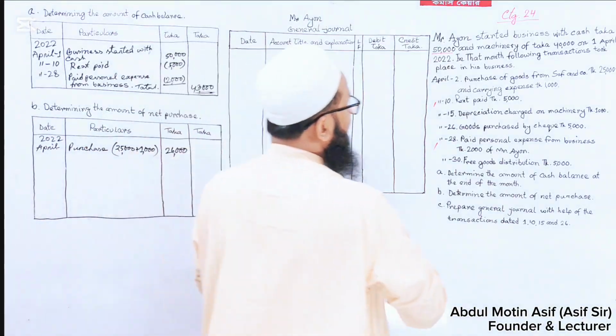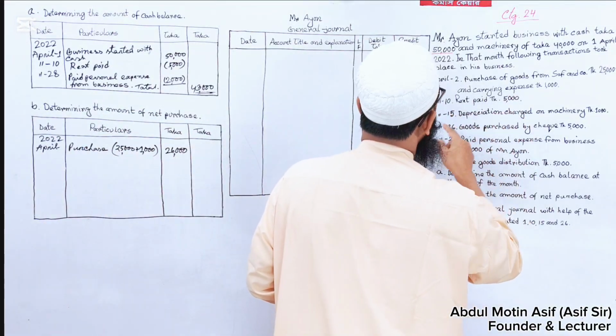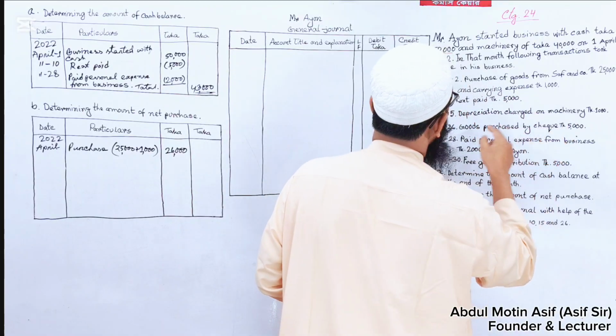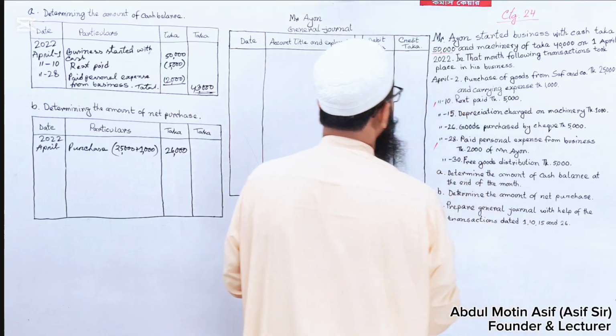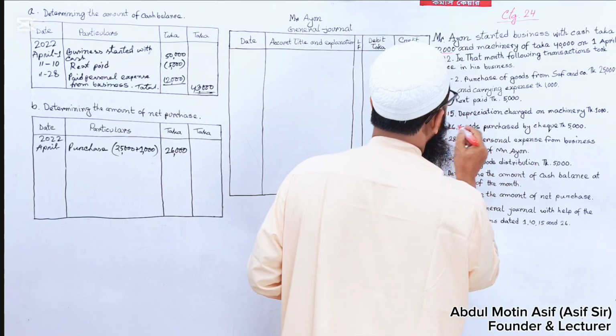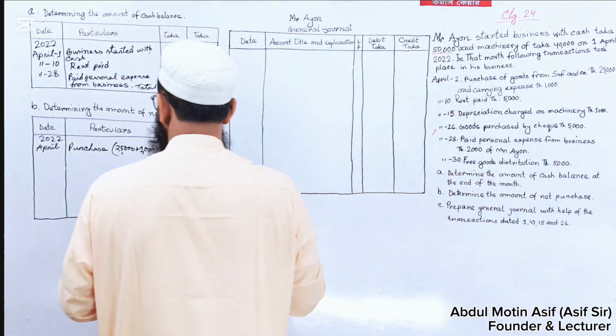Then we will find rent paid. It's not a purchase transaction. Depreciation charge is not either. Okay, we also find another transaction, April 26, goods purchased by check taka 5,000.